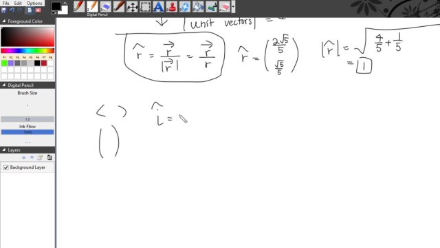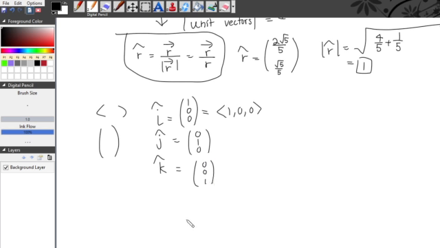So i hat is equal to <1, 0, 0>, so it's in the x direction. By the way, I'm doing this in 3D, that's why there are 3 quantities. I prefer this way, so I'm just going to use this. j hat is the y direction vector, <0, 1, 0>. And lastly, k hat is in the z direction, <0, 0, 1>.